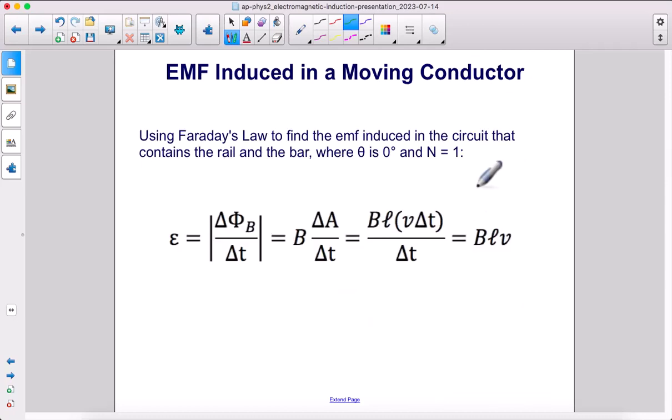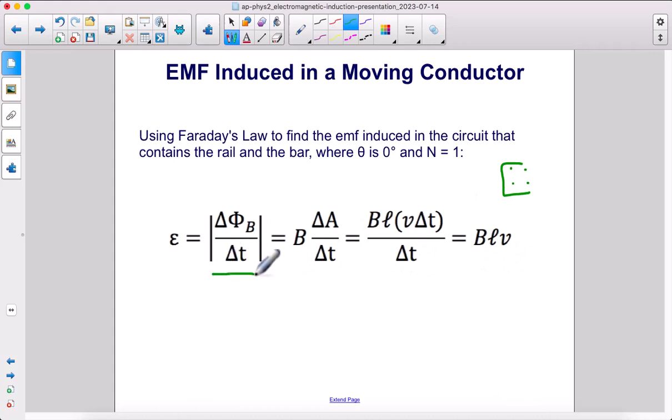Using Faraday's law to find the EMF induced in the circuit that contains the rail and the bar, where theta is 0 degrees, because we're assuming that the field is coming straight through the loop, and n equals 1, we have one loop, we can derive the expression.